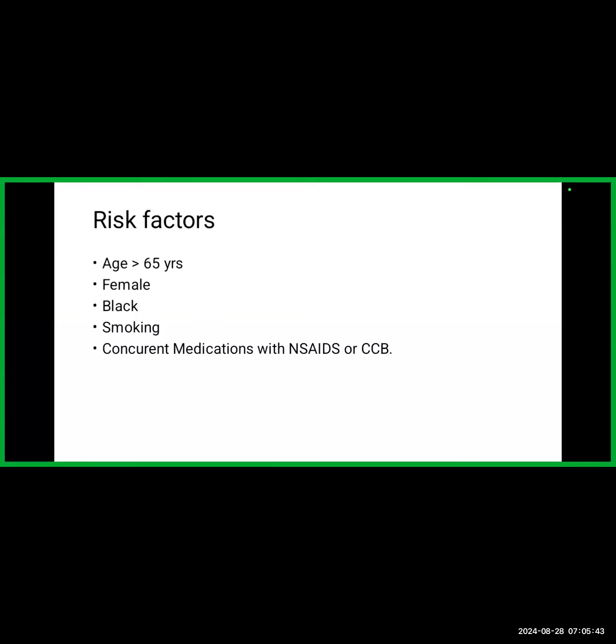So risk factors for angioedema, especially drug-induced, are age greater than 65 years, female. Other risk factors would be African American, but I wrote Black here, smoking, and concurrent medications with either NSAIDs or calcium channel blockers with ARB or with ACE inhibitors.